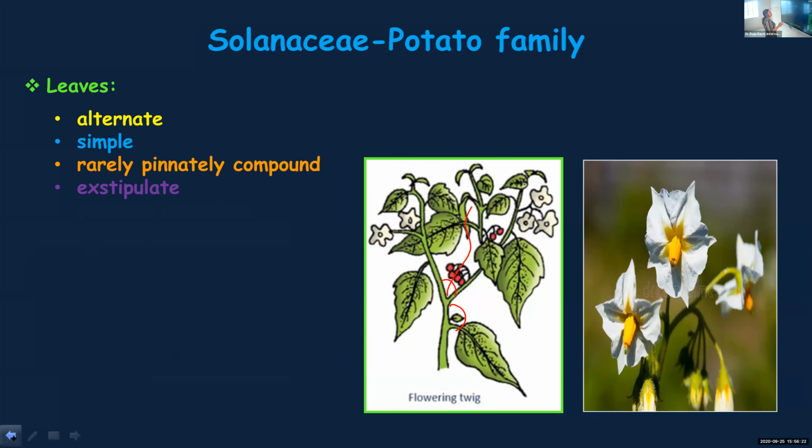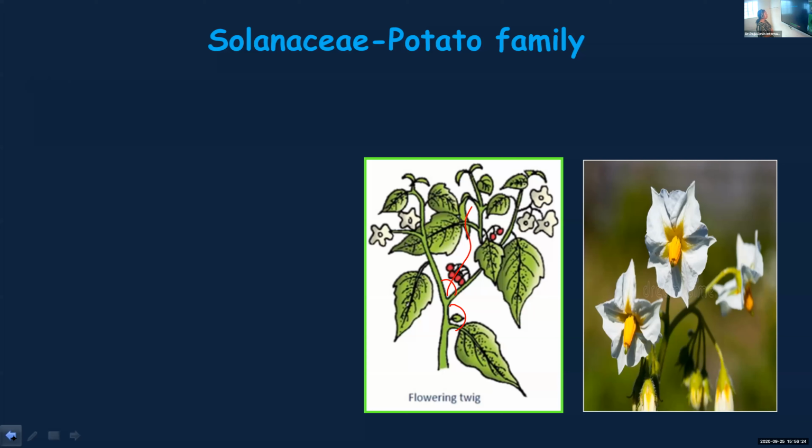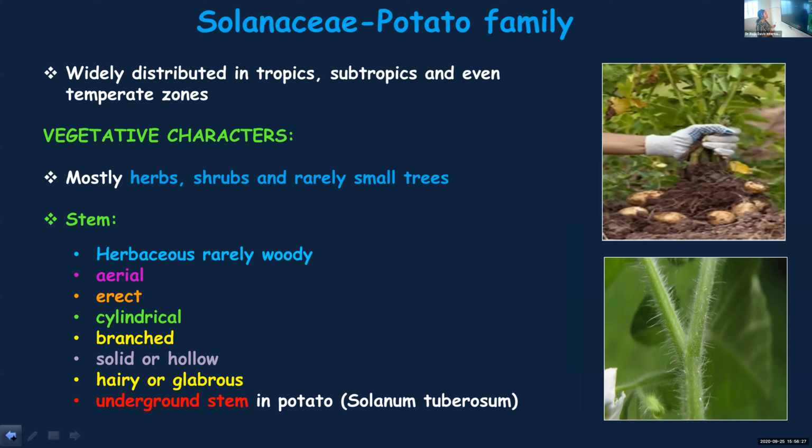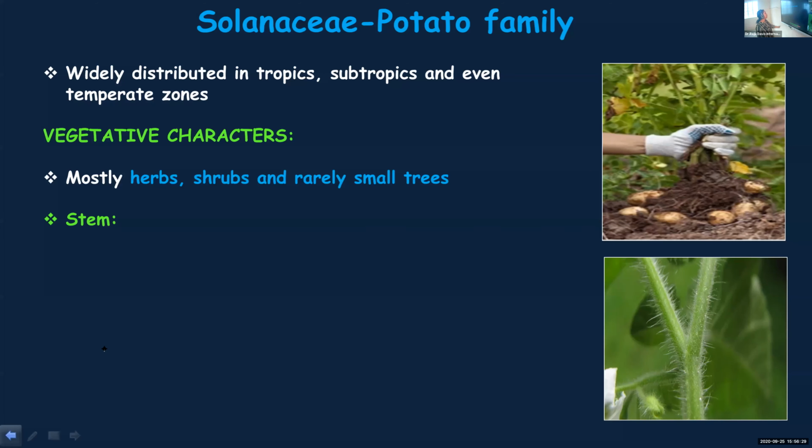So widely distributed in tropics, subtropics, and even temperate zones. They are herbs, shrubs, some trees are also found. Stem is herbaceous, rarely it is woody. Stem is aerial, normally above the soil, but we have cases like potato, where the underground stem gets filled with food, or food storage is there in the underground stem.